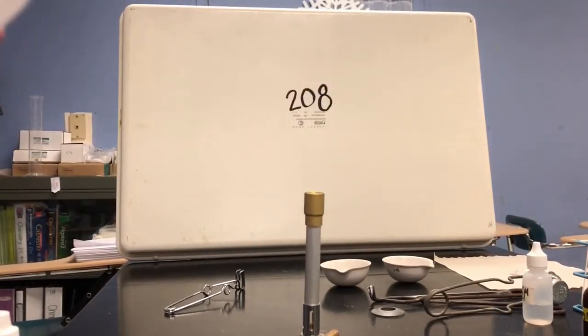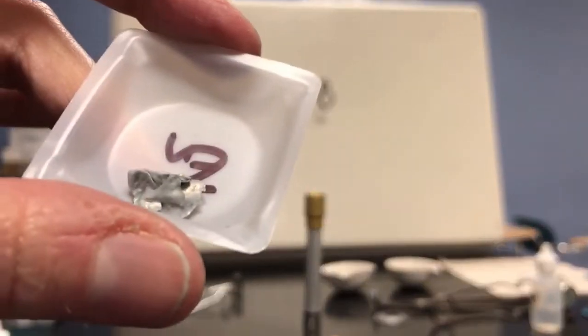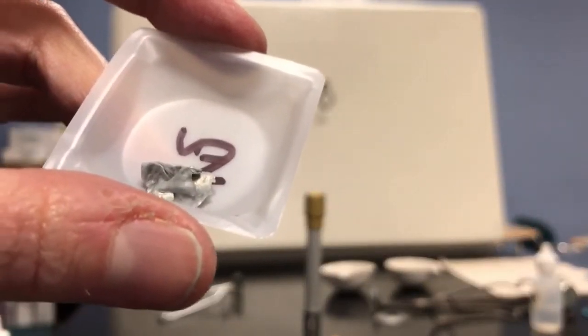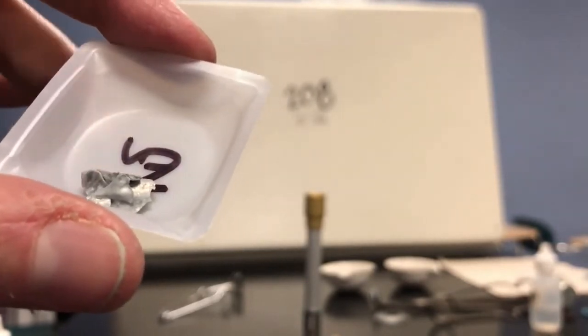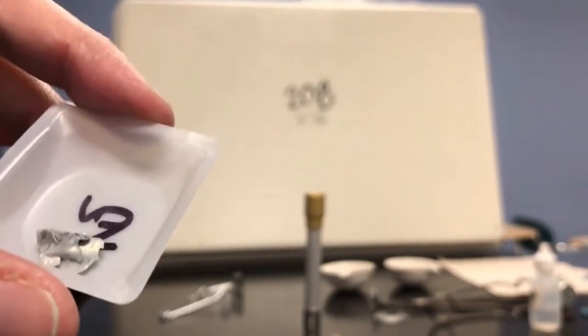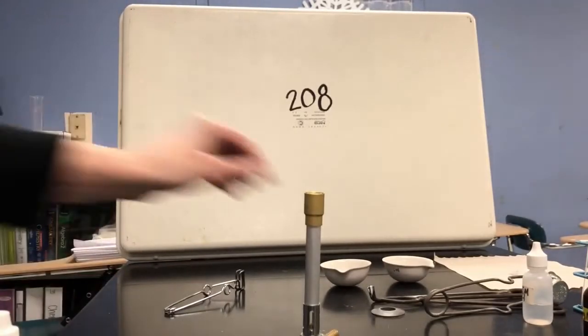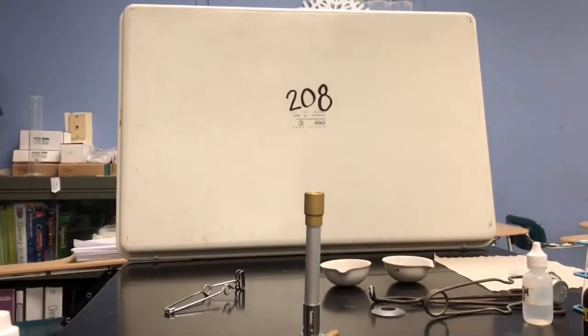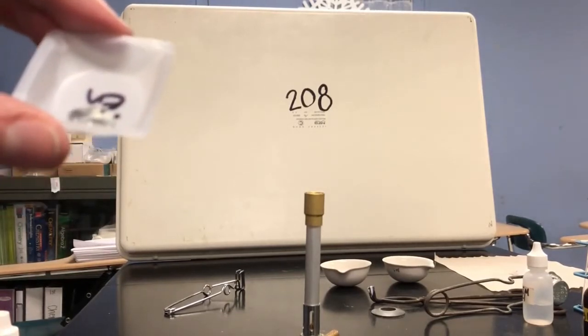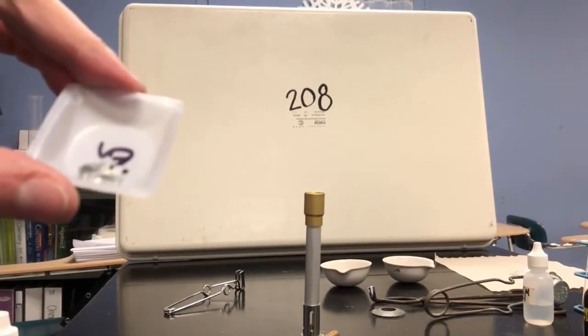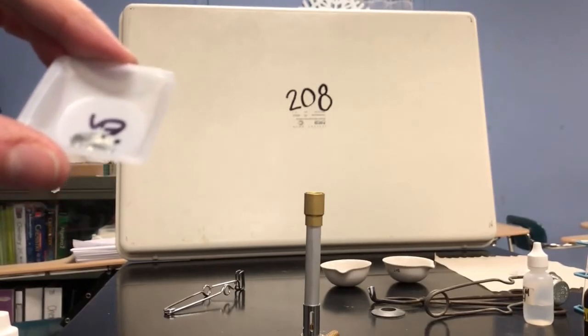So I have some here in this tray, zinc metal solid. It is shiny and silvery colored, like many metals are. And if I poke at it with a spatula, it's pretty hard. I can't bend it or anything like that. So those are the properties of the zinc.